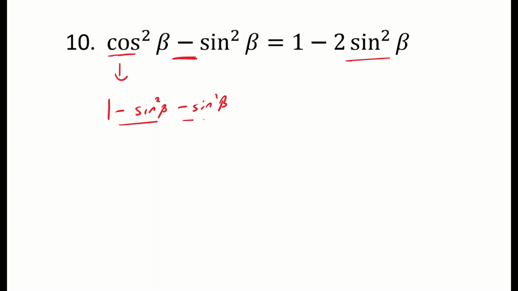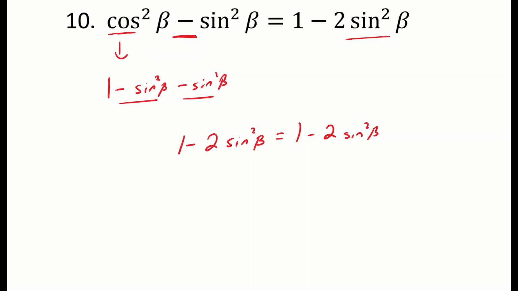Now if you notice, I have two sines, they both have angle of reference beta and they're both squared, so I can combine them, and I get 1 minus 2 sine squared beta, which is the same thing as the right side, 1 minus 2 sine squared beta. And that's it. That's as far as I need to go, because I've proven that it is an identity, right?